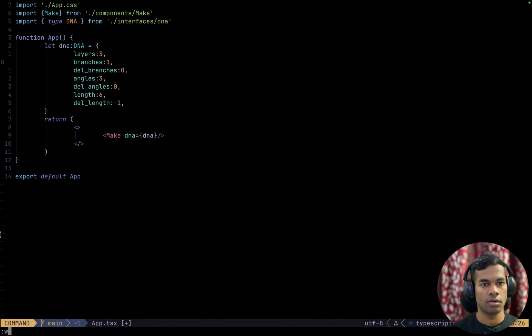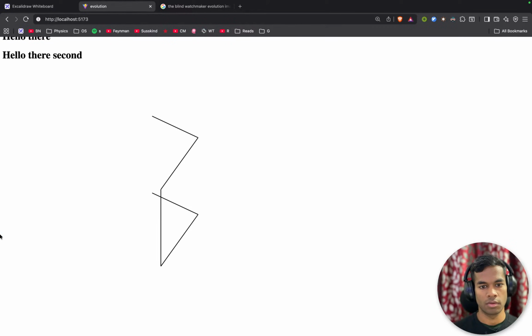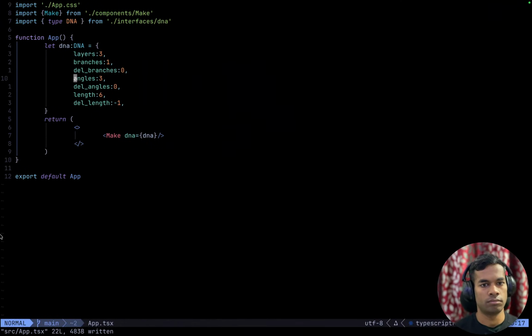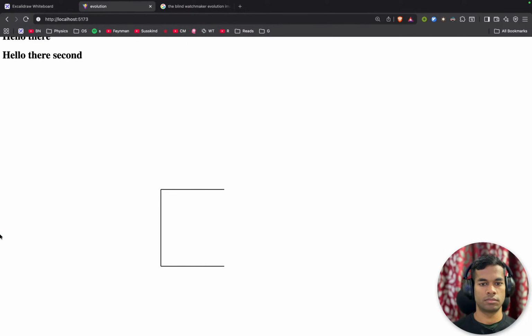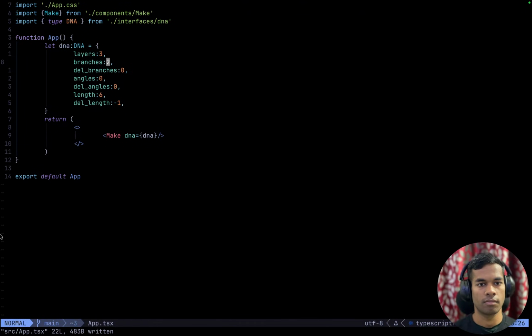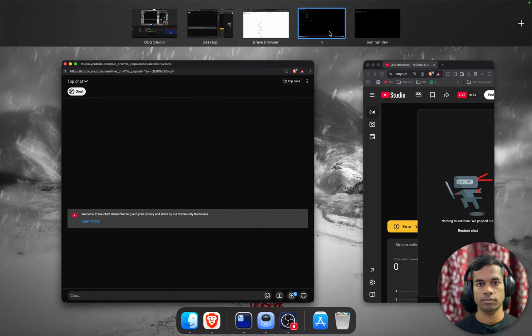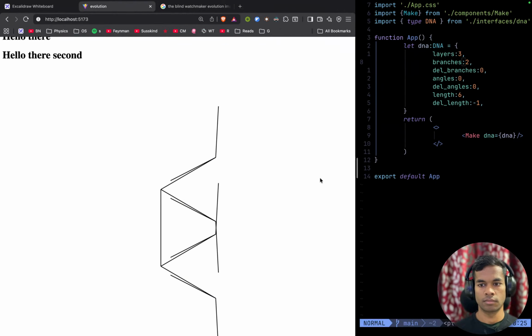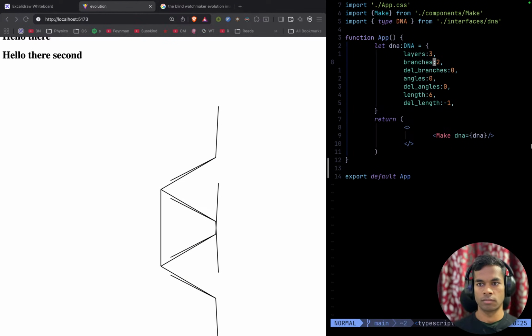Let's say one branch. Angles is 3. That is a square shape. Length, angles, del branches.